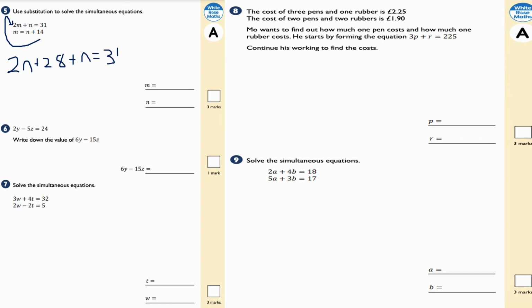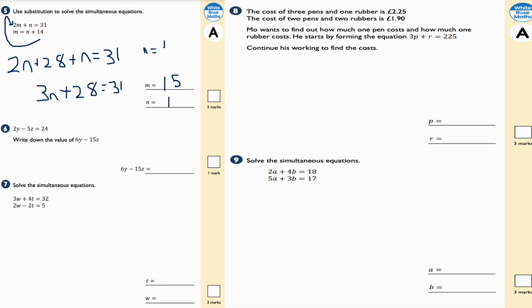Collecting my like terms on the left-hand side, 2n plus n is 3n. 3n plus 28 is equal to 31. Subtract 28 on both sides and then divide by 3. We get that n is equal to 1. Therefore, m is equal to 1 plus 14, which is equal to 15.